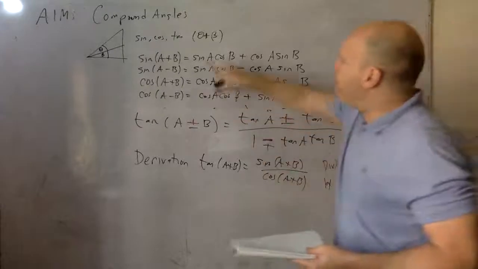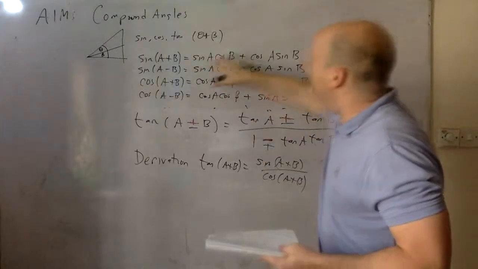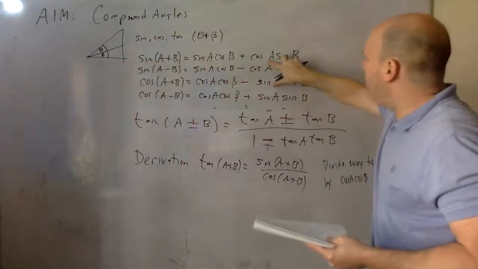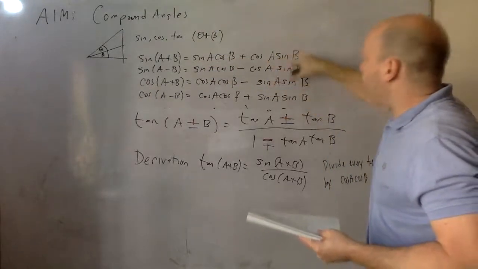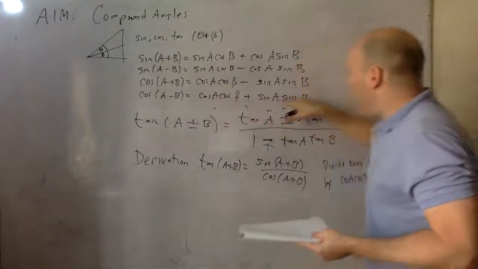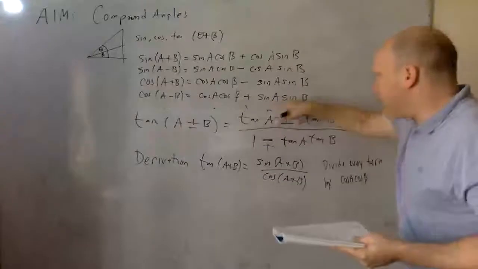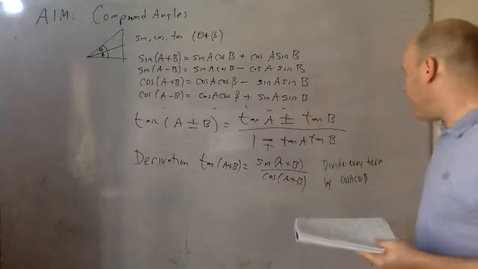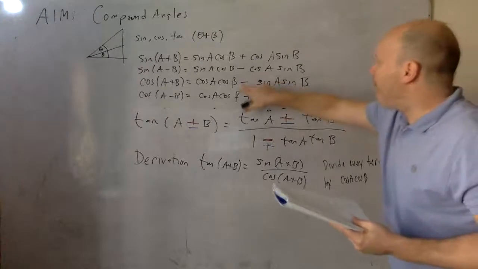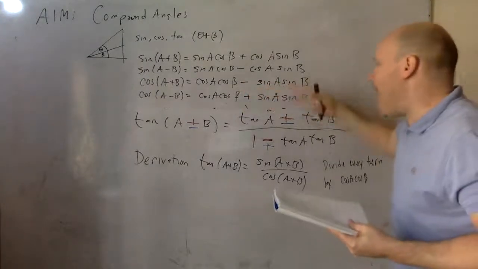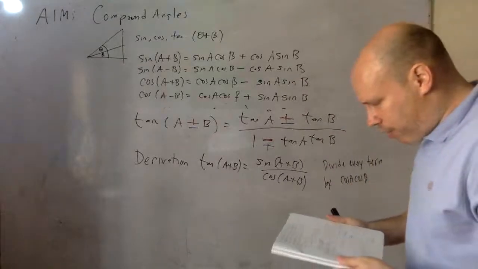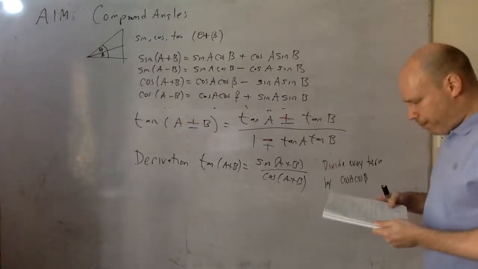So you get sine A over cosine A, you have sine B over cosine B, and same thing down here. This is a 1, this is tangent. There would be minus, and then the tangent. Now, am I going to ask you to do that? No.